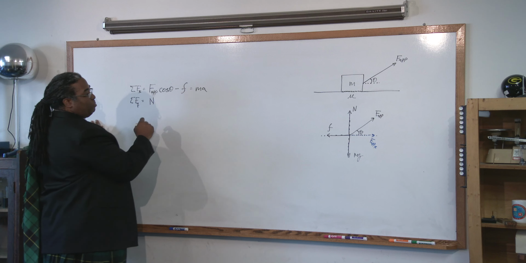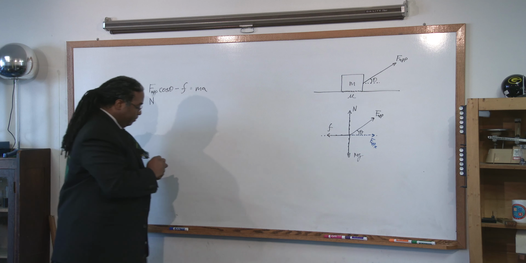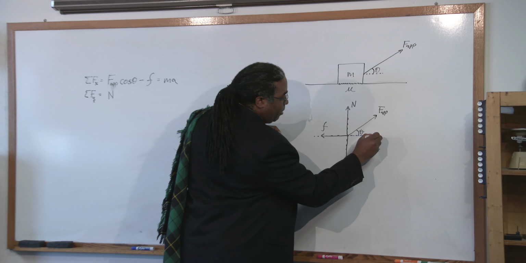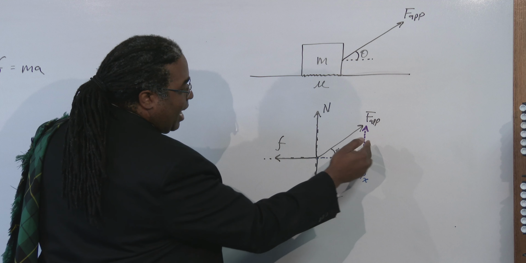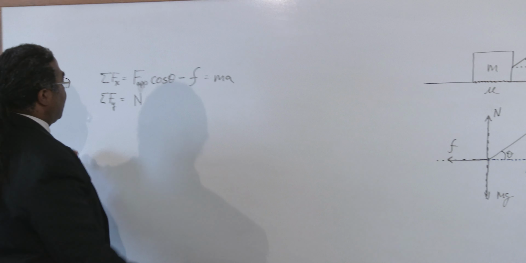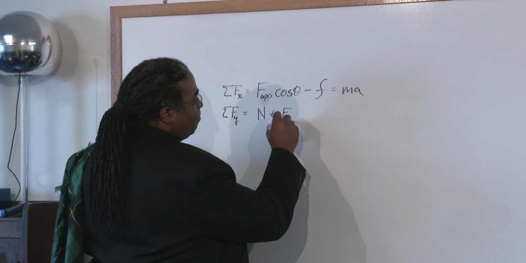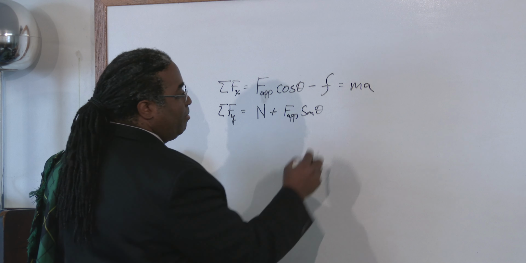So the normal force is pointing up, and then the y component of the force applied is pointing up, and that would be the side opposite of what looks like a right triangle. So therefore, you know that that's going to be plus the force applied times sine theta.